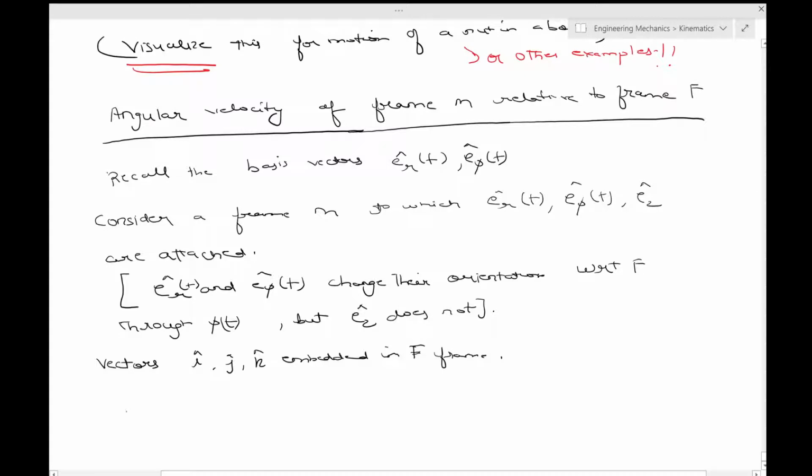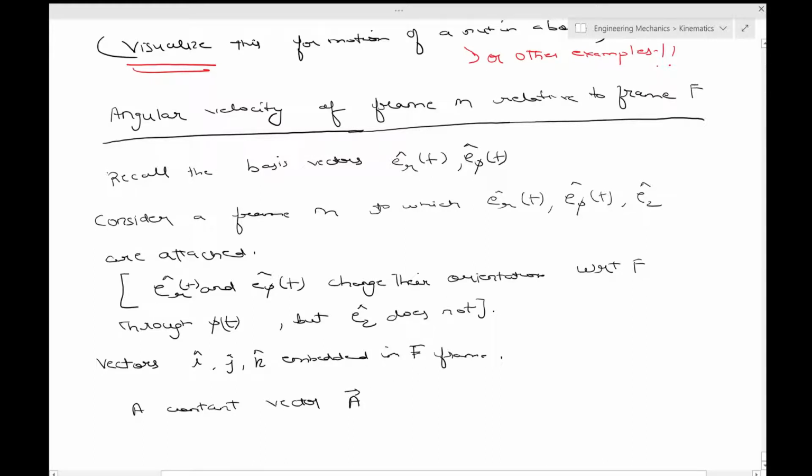Let's see a constant vector. Any constant vector: displacement, velocity, acceleration. But a constant vector means it is constant in magnitude and direction.